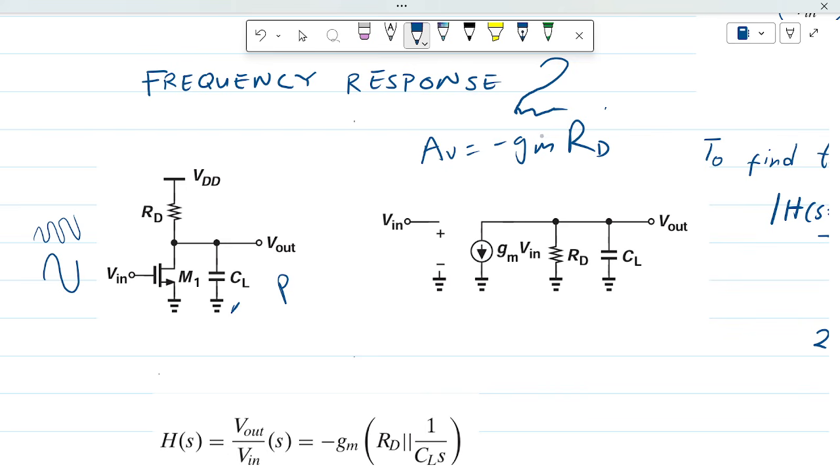In that case, we know that the gain expression is given by the impedance from the drain to the ground. As it stands, the impedance from the drain to the ground will be RD in parallel with CL. So the gain becomes RD in parallel with CL multiplied by minus GM as seen here.